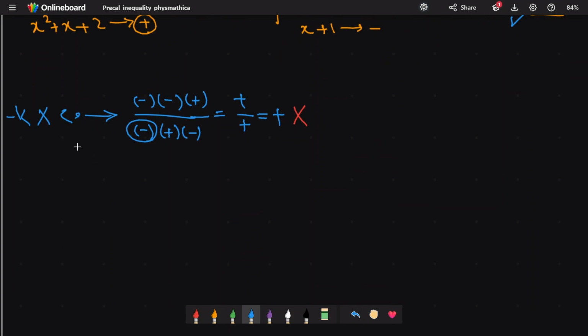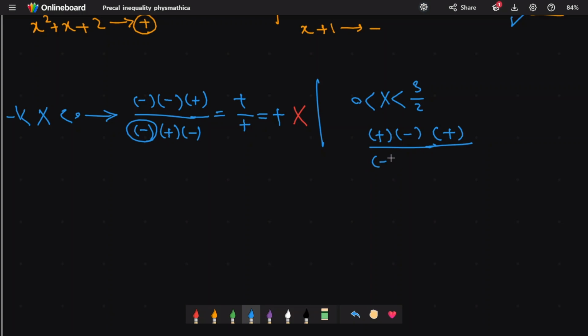Now let's take a look at the other range. I'm going to write it here. When our x is between 0 and 3/2, the first factor is going to be positive, the second factor is going to be negative, and the third factor is always positive, as we said, because there were no roots.